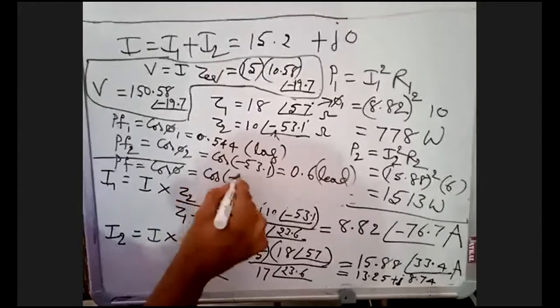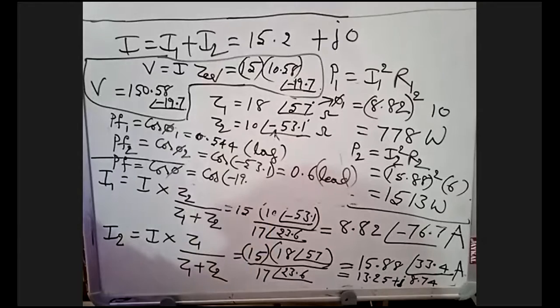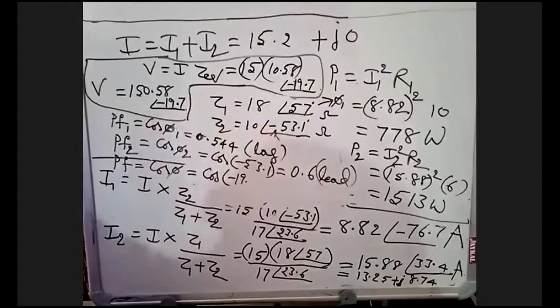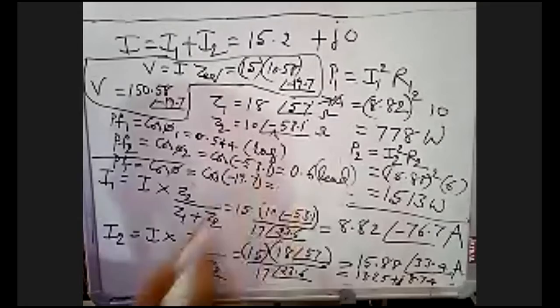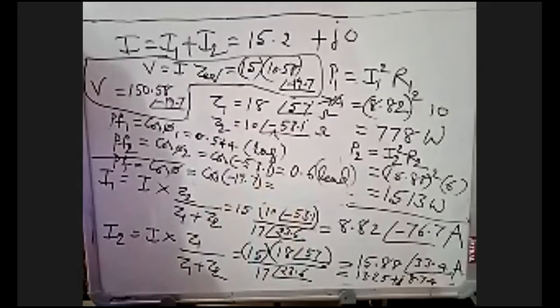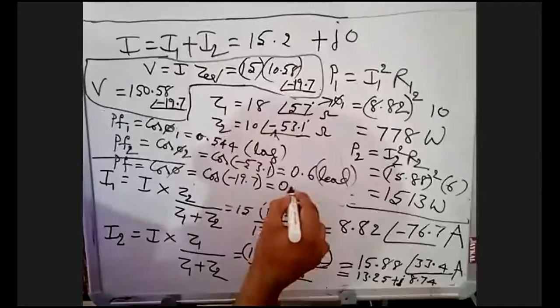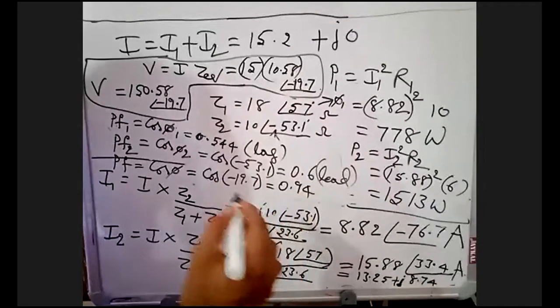Cos minus 19.7, what is the angle? 19.7, that gives 0.94. Leading or lagging?